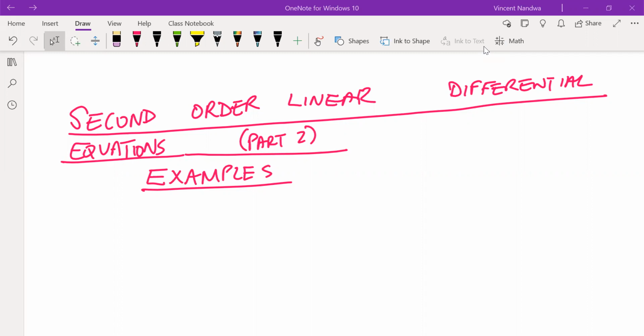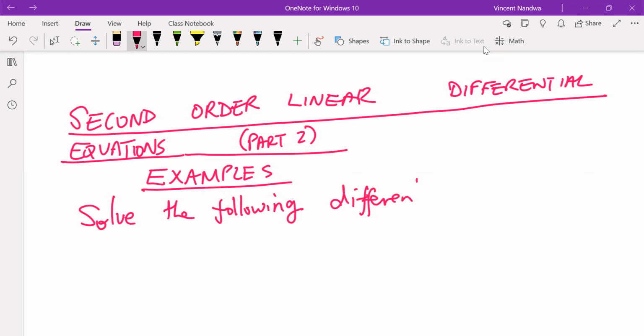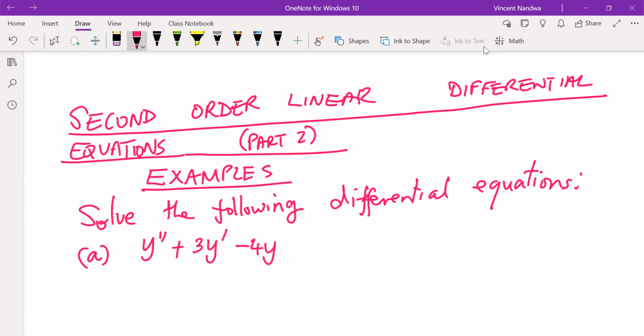Example 1, solve (a): y double prime plus 3y prime minus 4y equals 0. Solution.